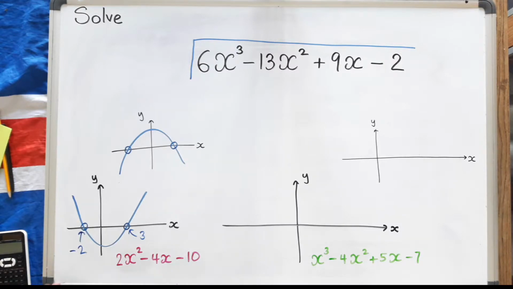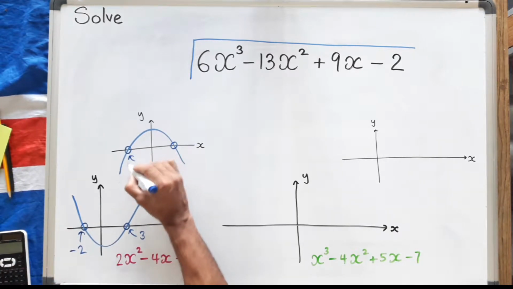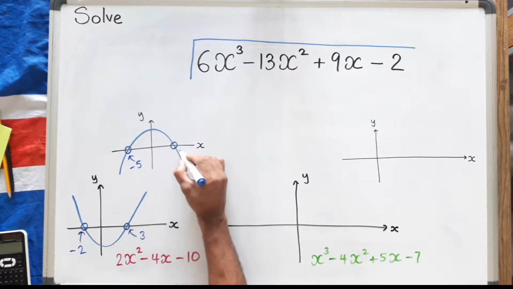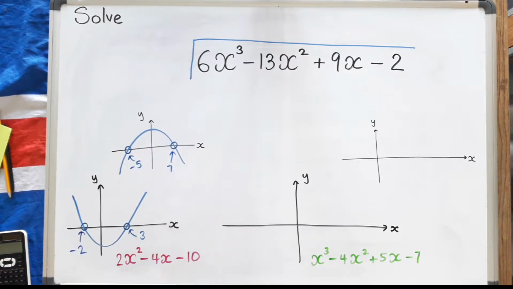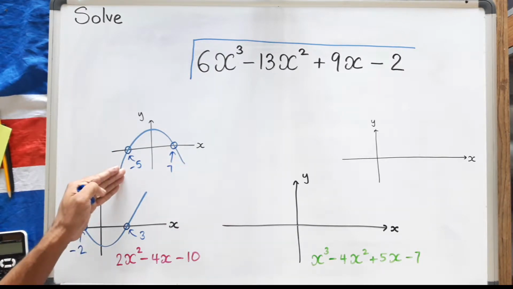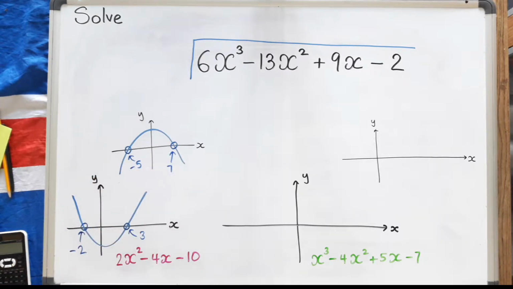I would say the solutions to this quadratic are -2 and 3, because that's where it cuts the x-axis. If this one were to cut at -5 and let's say +7, I would say the solutions are -5 and 7.